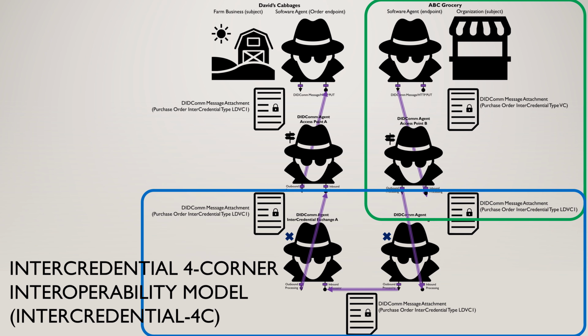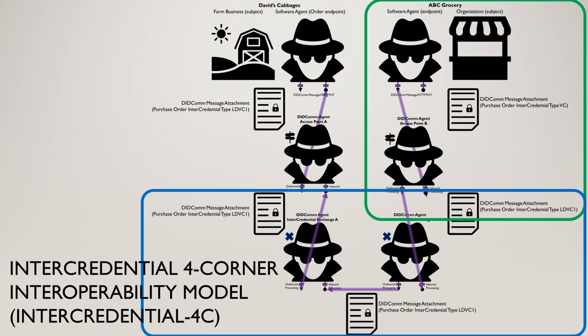Across the bottom, we can see that once that right side has the LDVC1 credential, once that access point has it, it simply drops it down into the credential exchange agent. And that credential exchange agent is going to send it using DIDComm across to the left-hand side.